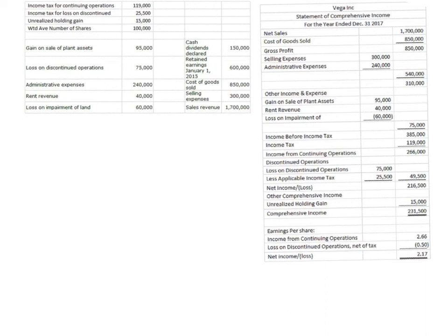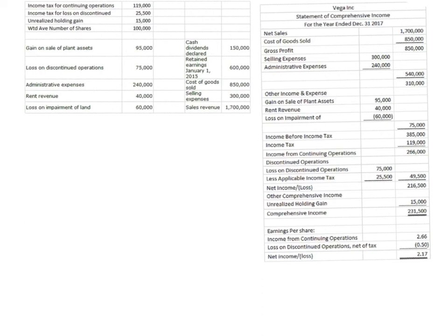Earnings per share has to be listed for every major item in the income statement. So a major item is continuing operations and discontinuing operations. Since we were told we had 100,000 weighted average shares, what you end up having is net income minus the amount that's obligated to the preferred shares.